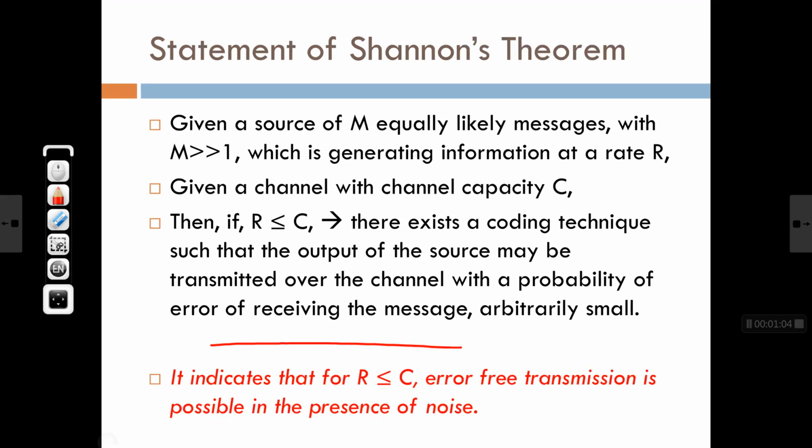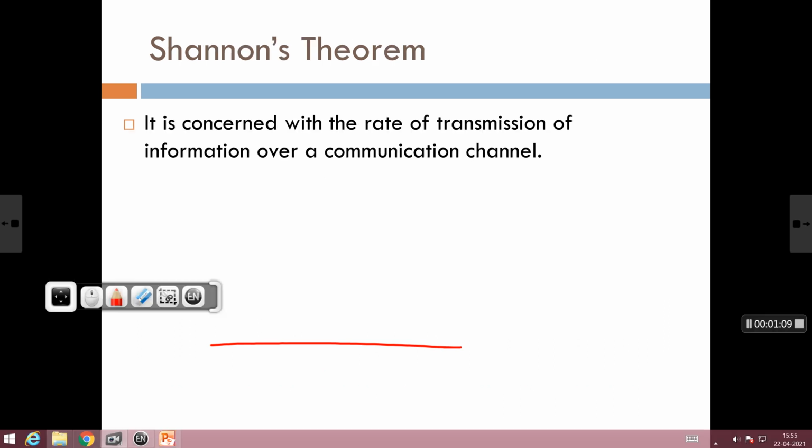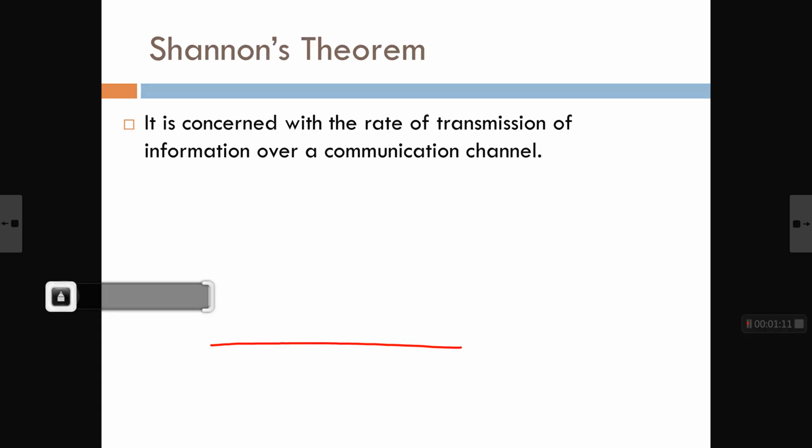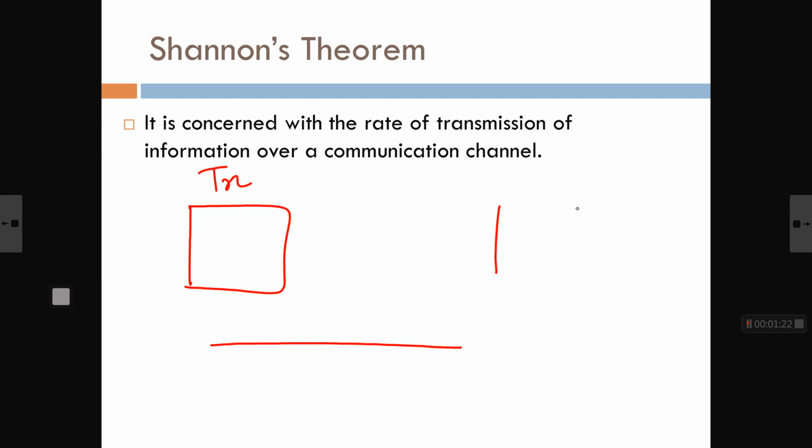Now, we have already seen what is mutual information and we have also seen the meaning of channel capacity previously. Now, in a communication system there will be a transmitter, a receiver and a communication channel.